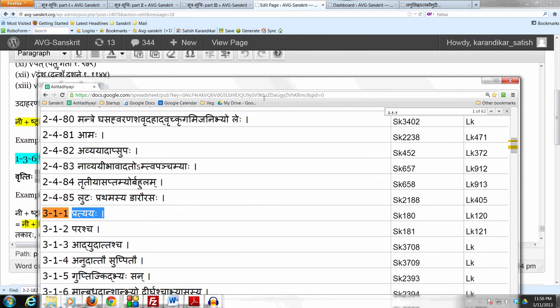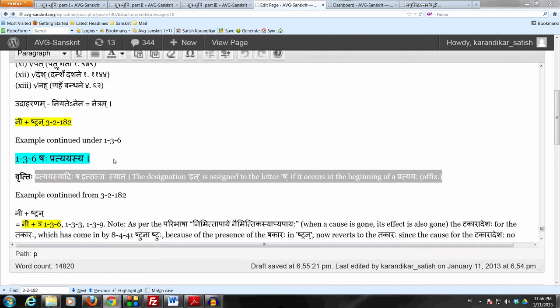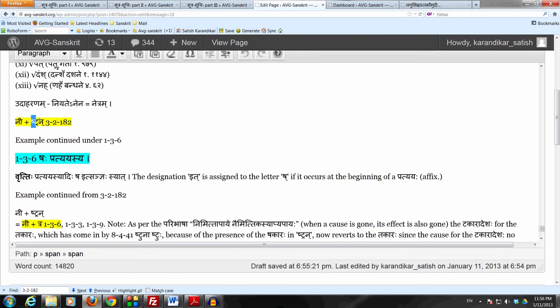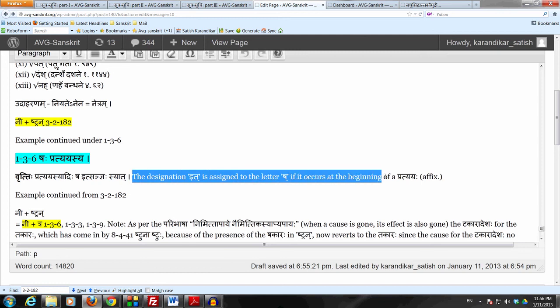Right now we are concerning ourselves with the affix strun, which is prescribed in 3.2.182. So definitely strun has the pratyaya sanjna because it's in the adhikara of pratyayaḥ parashcha, which includes chapters 3, 4 and 5. So all the sutram says is that the designation it is assigned to the letter sha, the murdhanya shakaraḥ, if it occurs at the beginning of a pratyaya.